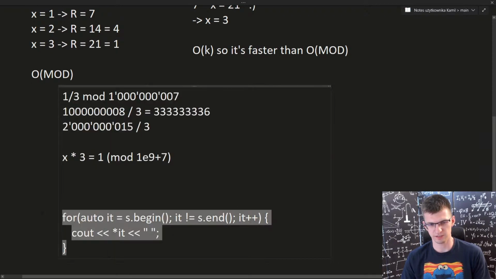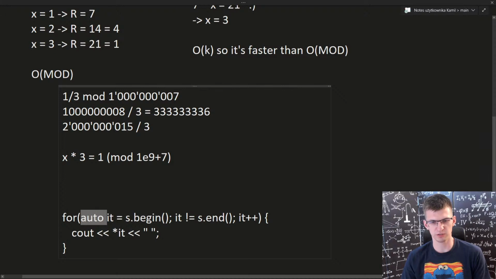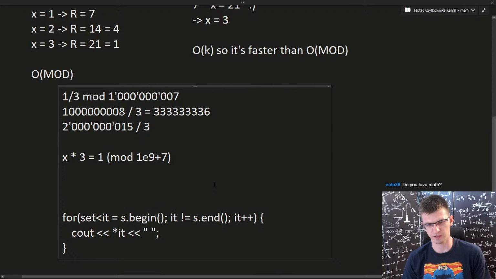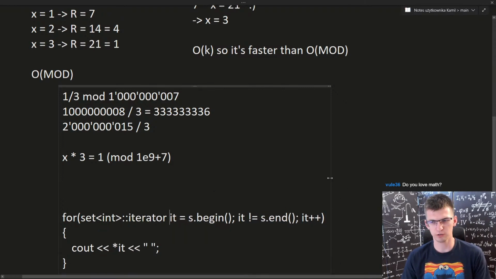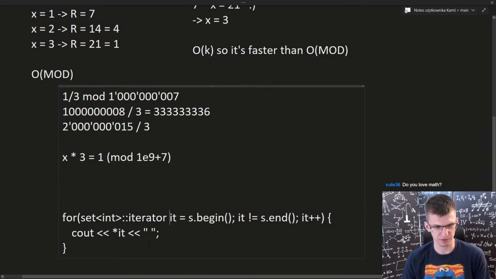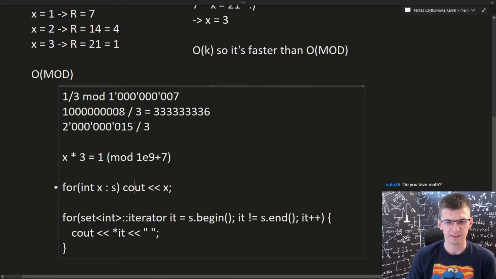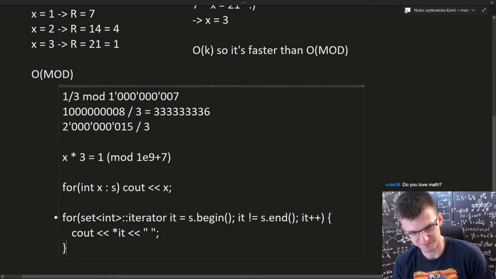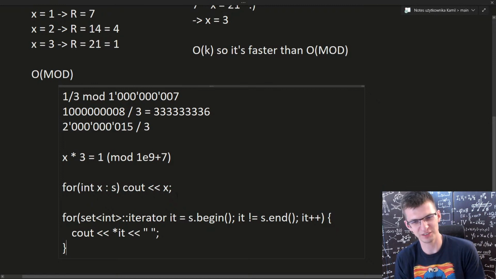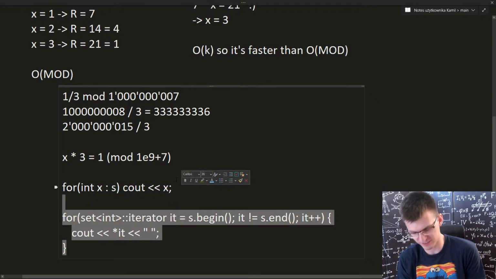So this is how I used to type iterating over set S. And actually auto didn't exist, I think, at the very beginning. So something like this, I think, you need to use. If you want to learn this kind of typing, then sure, you can search old Polish platforms and learn C++ from there. But if you want something modern, then don't worry how I learned C++ 10 years ago.